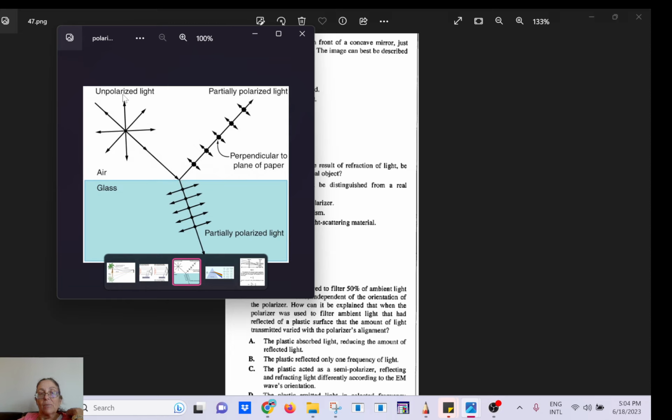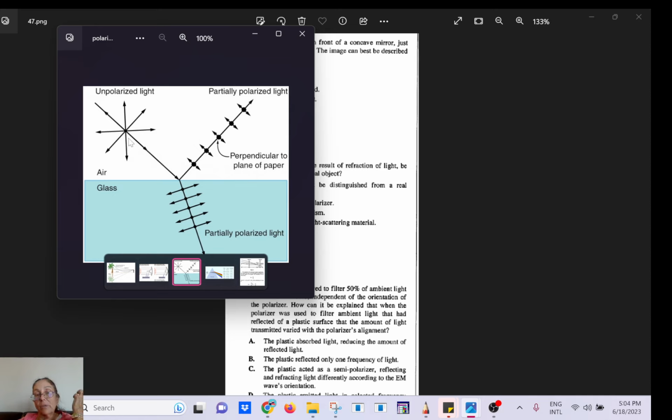But if it's unpolarized, meaning light coming from a real object, from the sky, from a tree, the electric field is going to go up and down in this direction, also in that direction, and also in other directions.